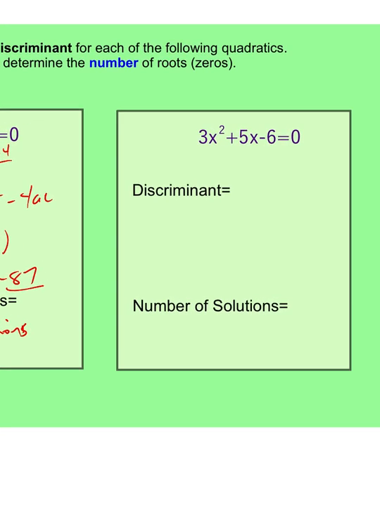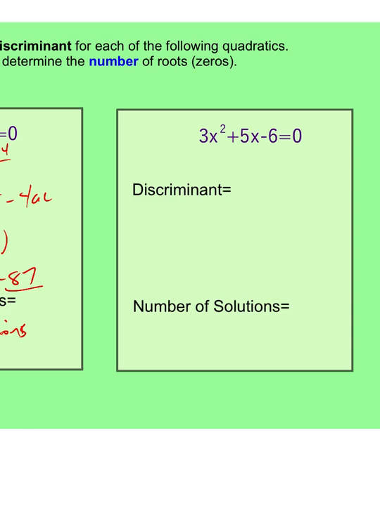Looking over at the second one here, now we've got an A value equal to 3, a B value equal to 5, and a C value equal to -6. So again, using B squared minus 4AC, we would have D equals 5 squared minus 4 times 3 times -6.